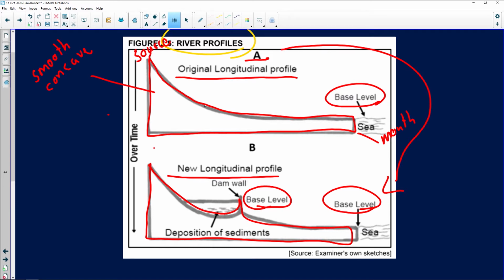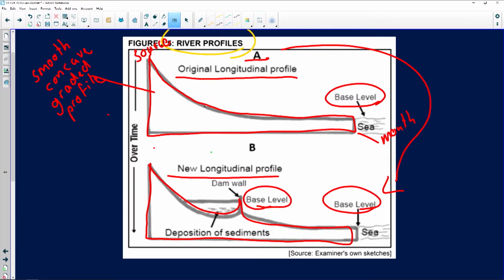As you can see, it's a beautiful, smooth profile. When it's smooth and concave in shape, we say it's a graded profile. Now, when we talk about graded profiles, we can almost say the river has reached equilibrium. There's an equal amount of erosion and deposition taking place along the course of the river.